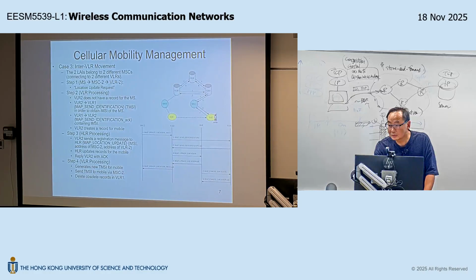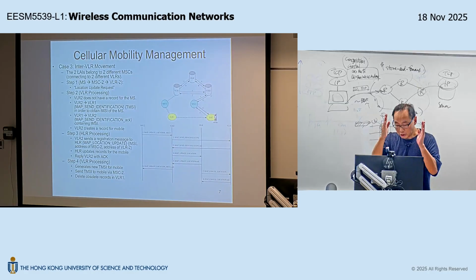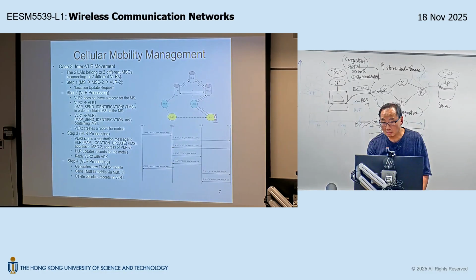But in this case, this visiting location register 2 doesn't have the mobile's record, because the mobile's record was in VLR1, right? So when VLR2 receives a database transaction request from the mobile switching center, VLR2 does not have a record for the mobile station. So in this case, VLR2 will consult the previous VLR for this mobile to retrieve the record.